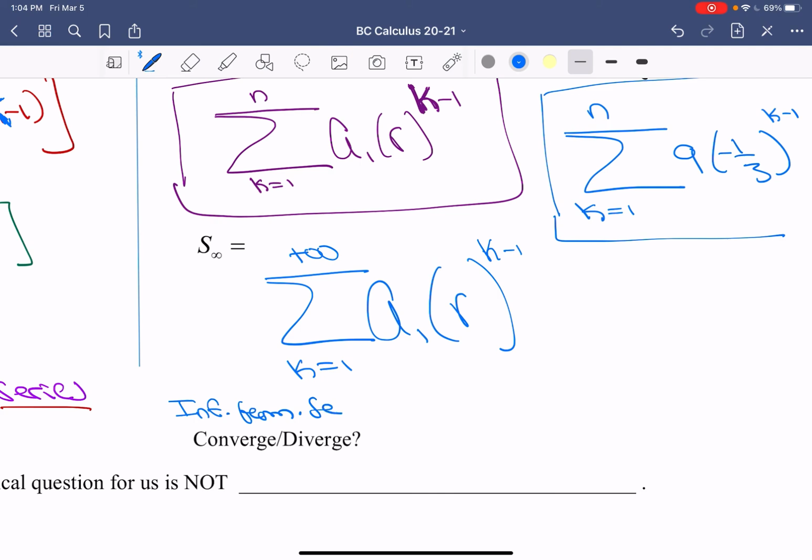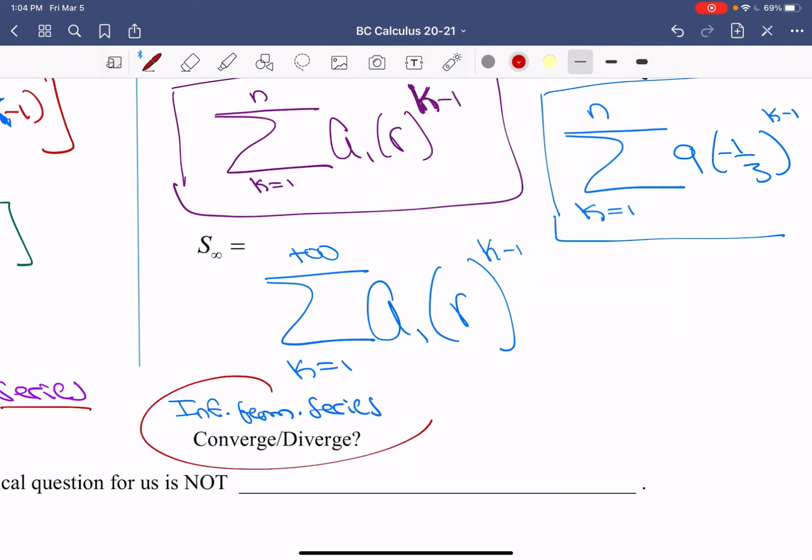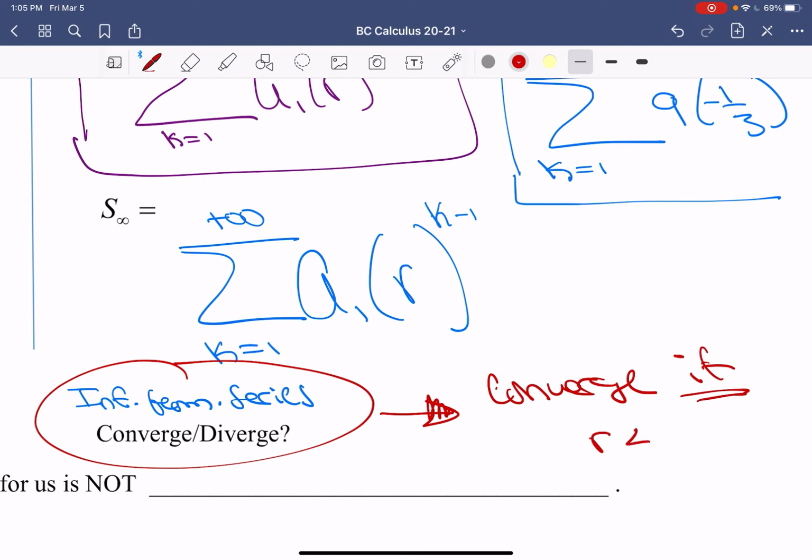Infinite geometric series, do they converge or diverge? And let me say this, infinite geometric series converge if r is between those two values. r has to be between -1 and 1. r can't equal -1 or 1.